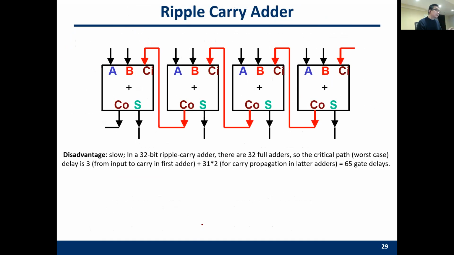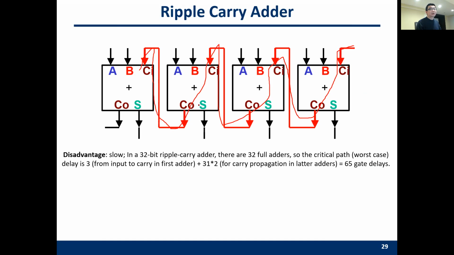So in this lecture, we talk about binary addition and how to use truth table canonical form to implement a binary adder, to do multiple bits addition and multiple bits subtraction. And also in this lecture, we introduce a very simple adder, which is the so-called ripple carry adder. The disadvantage of this adder is that we have a very large critical path.